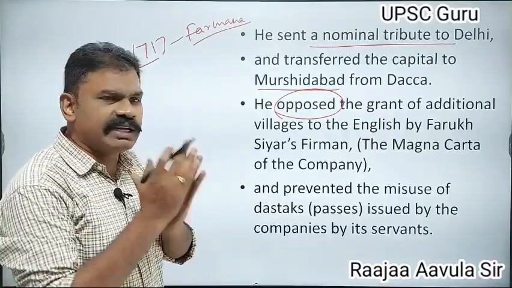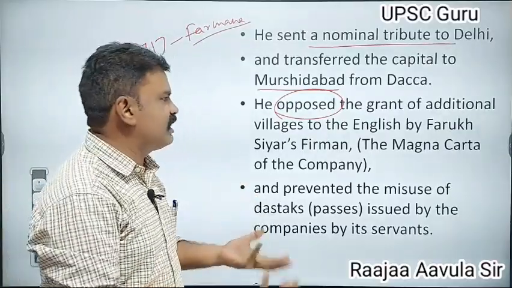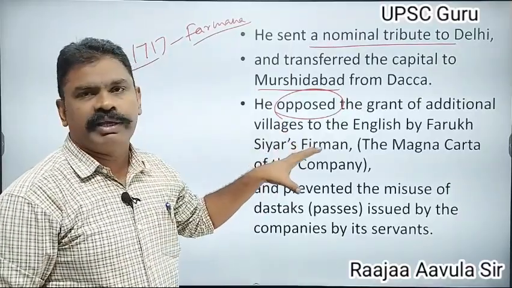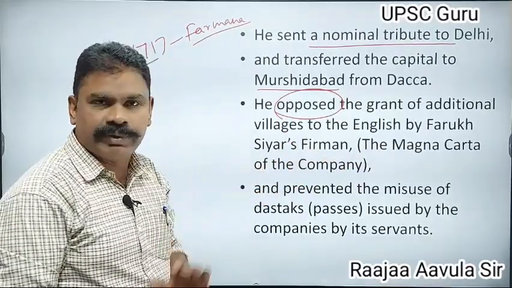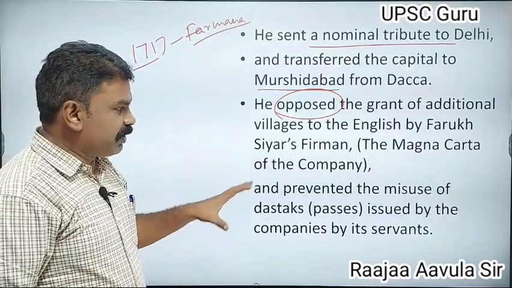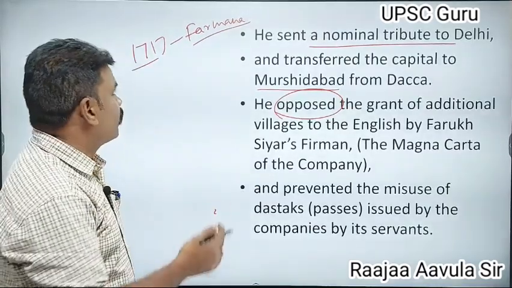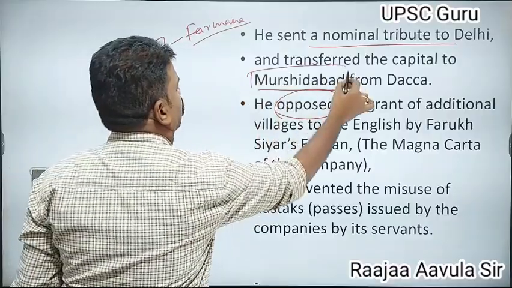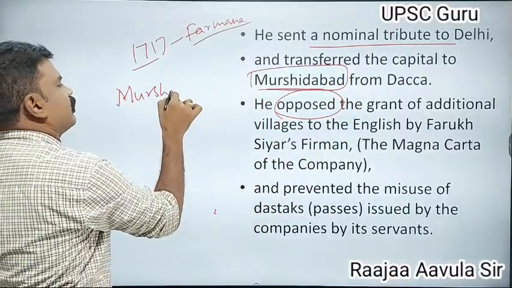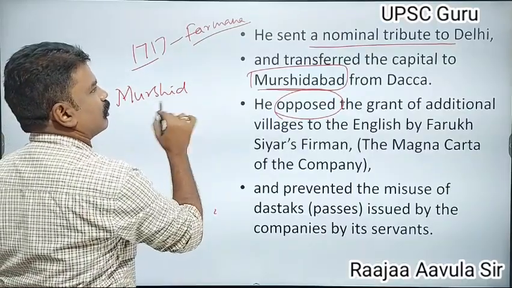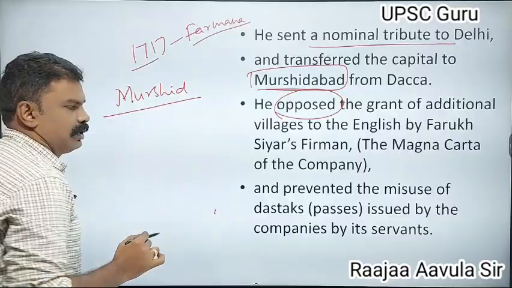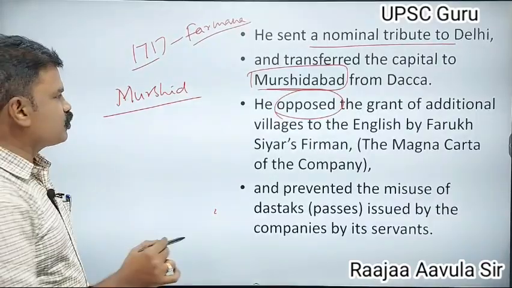Murshid Quli Khan did not accept giving additional villages to the English East India Company, beyond what was already given by the Magna Carta of the company. So he prevented the misuse of the dastaks. Remember here, Murshid Quli Khan prevented misuse of the dastaks.